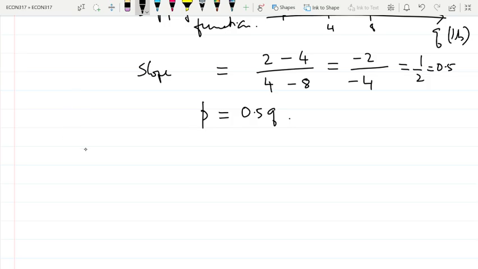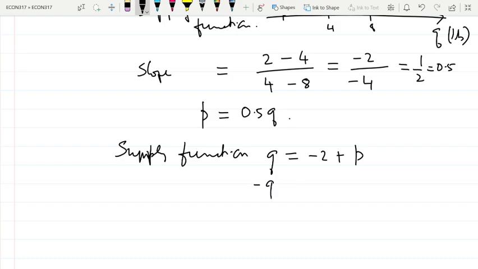Now let's look at a situation where we are given a supply function and we want to obtain the inverse supply function, because that is what we'll draw as our graph. So let's start with the first one, which was given to us, Q equal to minus 2 plus P. I need price on the left hand side, quantity on the right hand side. So one way to do it: I need Q to go to the right, so I subtract Q from both sides.